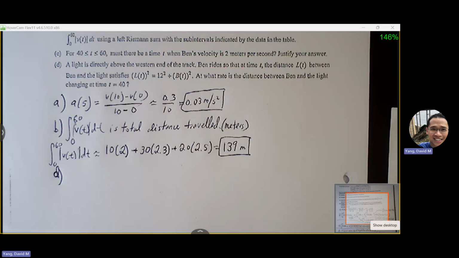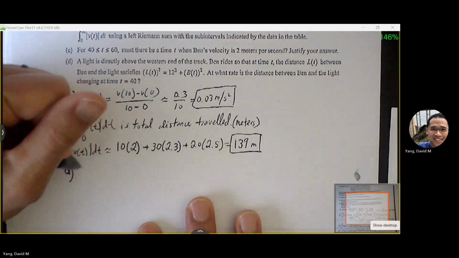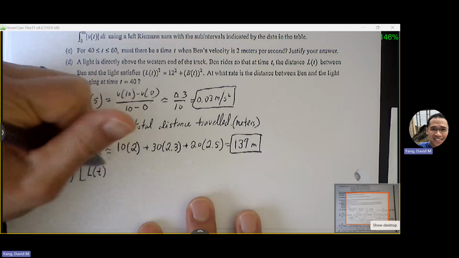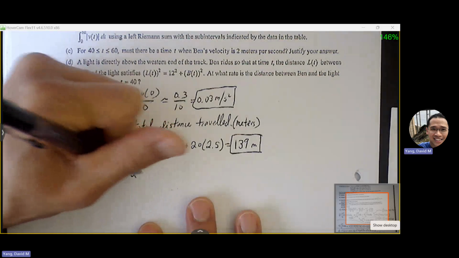So anytime we see the word rate, we know that we have to involve a derivative. So let's see if we can build a derivative. But the fact that we have L of t quantity squared, that's indicating to us we got to go through a chain rule here.